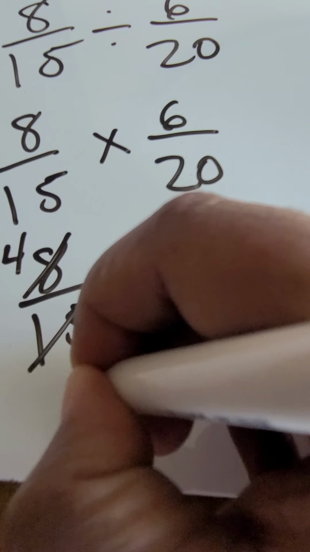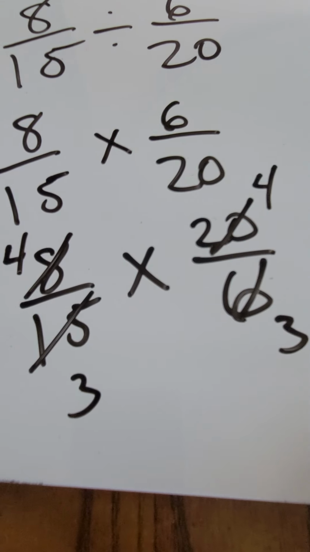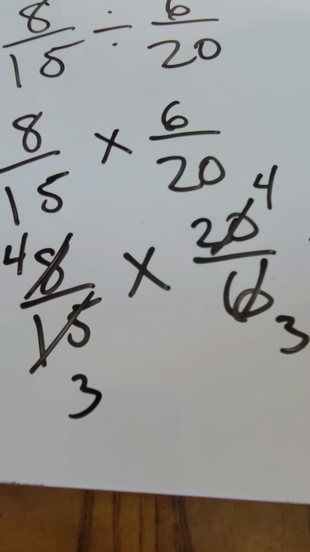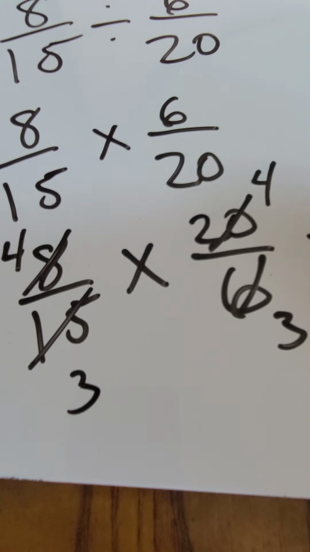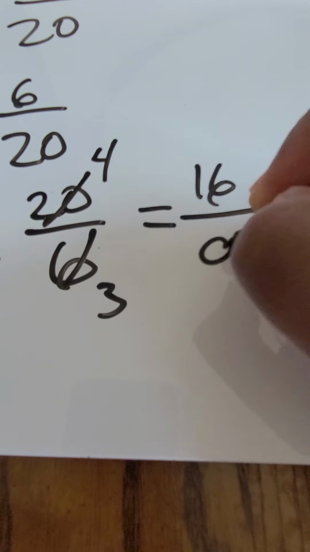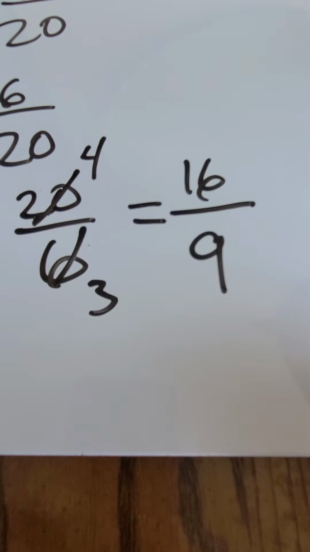We can make this 3. We can make this 4. We can go ahead and multiply now. 4 times 4, 16. 3 times 3 is 9. So we have 16 over 9.